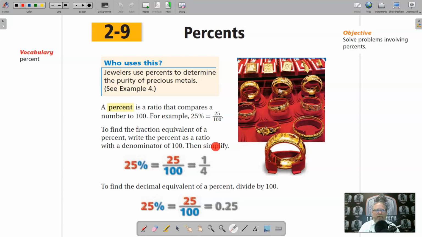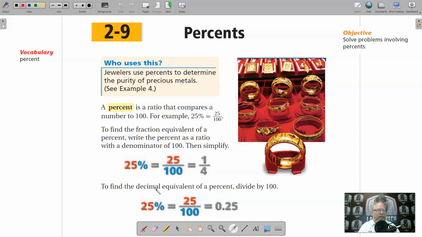And then, if possible, simplify. So 25% is equal to 25 parts of 100, or 25 over 100. And then we could simplify 25 over 100 because 25 and 100 both will divide by 25. So 25 divided by 25 is 1, and 100 divided by 25 is 4.